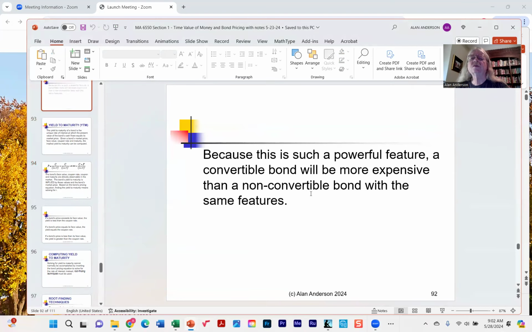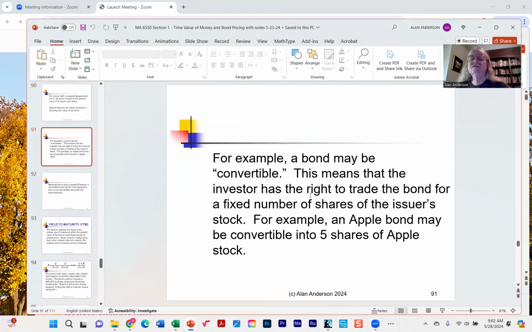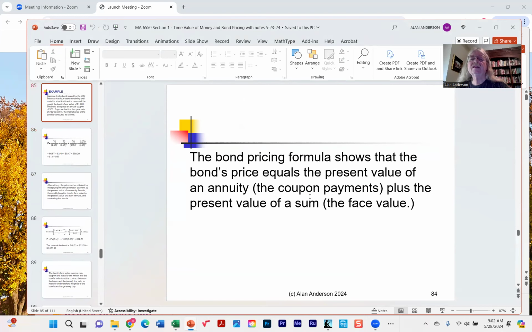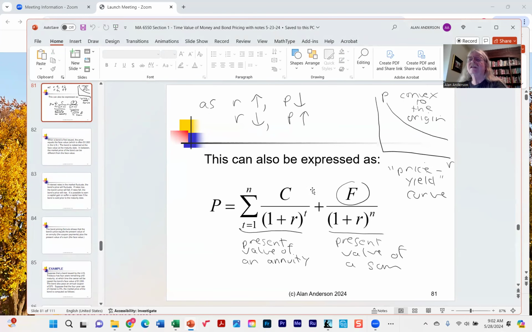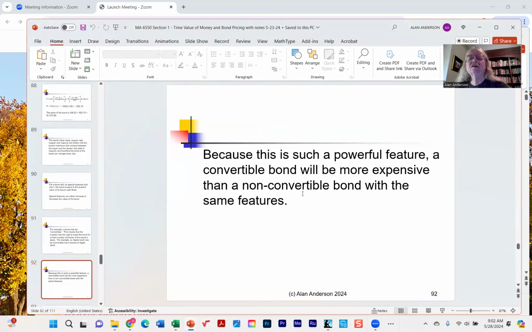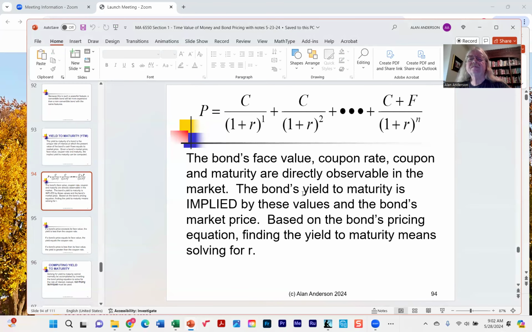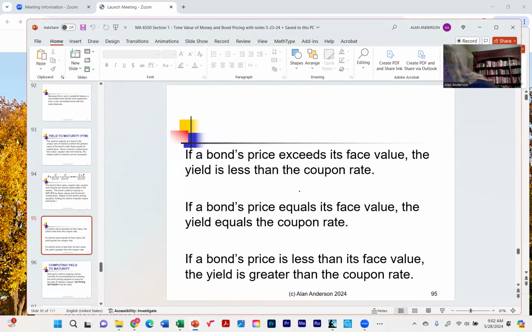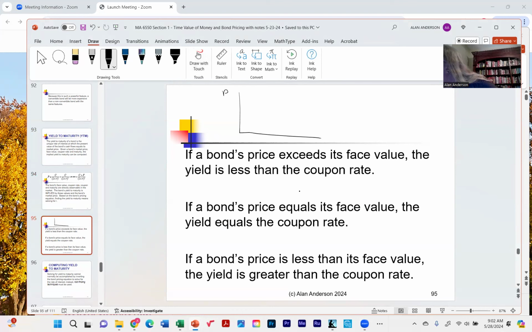We also drew a curve that illustrates this, the so-called price yield curve. I did that in the Excel spreadsheet, but let me just sketch a new one in here for you. Just very quickly, if we plot the price of a bond against its yield, not only is the relationship inverse, in other words, the slope of this curve is negative, but you'll notice it has a special type of curvature to it.